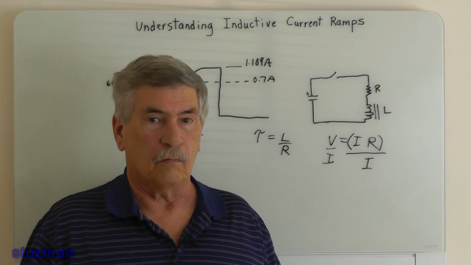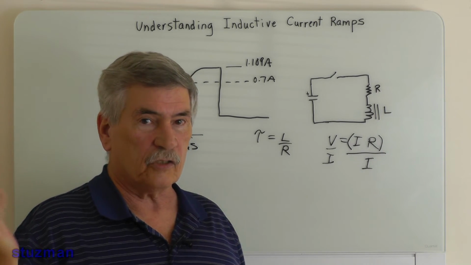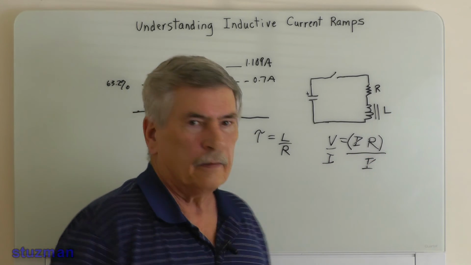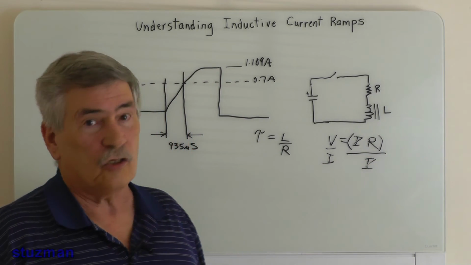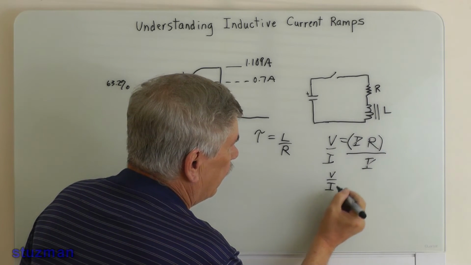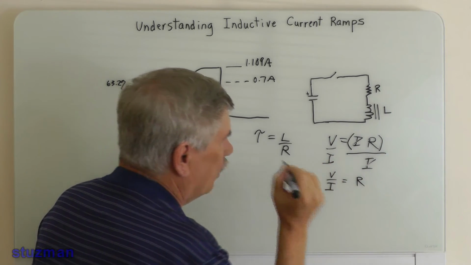It is still equal. Now look at here. I divided into I, they cancel out. I and I gives you 1. 1 times R is R. So now I'm left with V divided by I is equal to R.